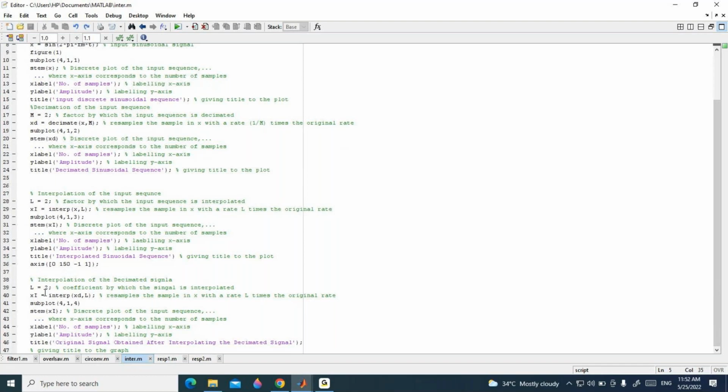So xi is equal to interp(xd, L). We are plotting the interpolation of the decimated signal by using subplot(4,1,4), stem(xi), and for this the x label is number of samples, y label is amplitude, and the title is original signal obtained after interpolation of the decimated signal. Now I'm executing this program.